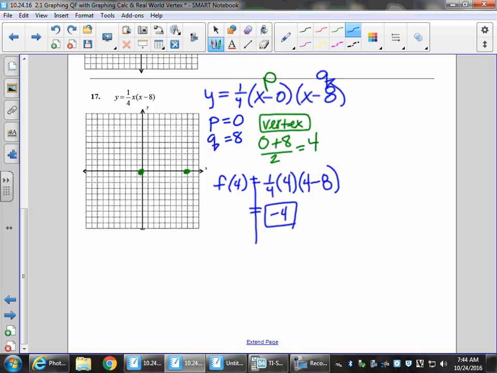So in your calculator, you're going to put 1/4 in parentheses or 0.25, parenthesis 4, parenthesis 4 minus 8. And parentheses side by side automatically mean multiplication, so I can just do a closed parenthesis and an open parenthesis, and the calculator will know that in between is multiplication. Are we getting -4?